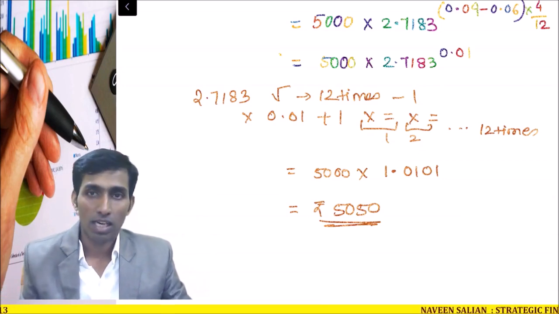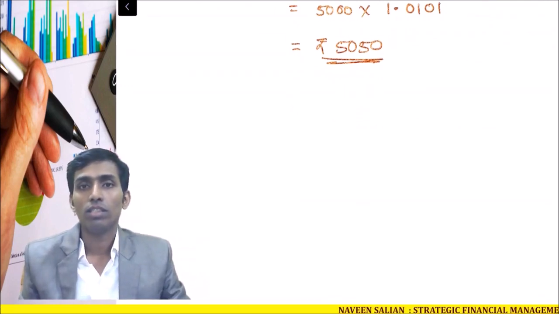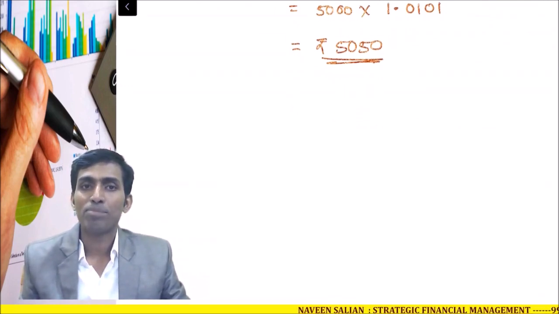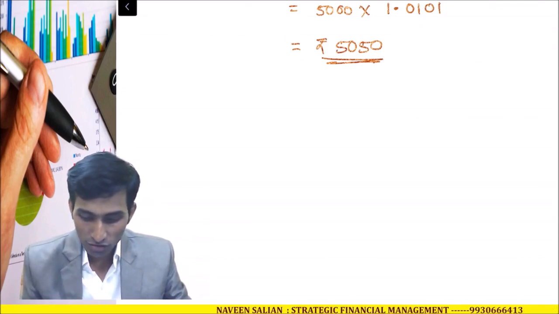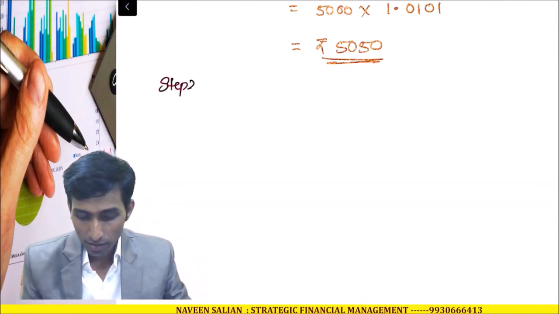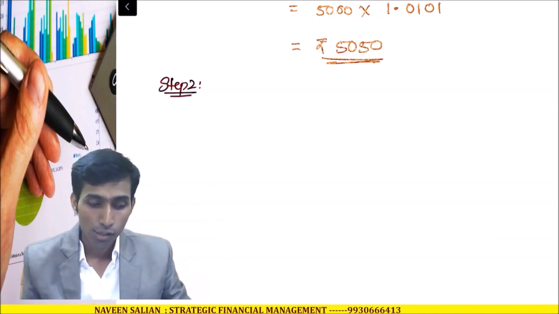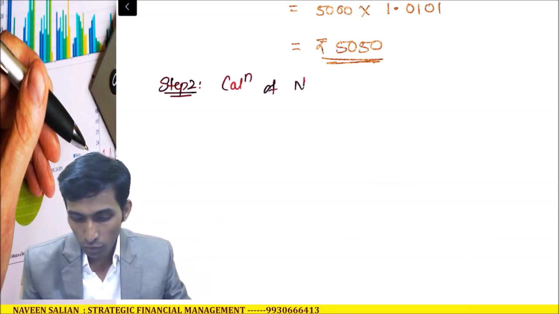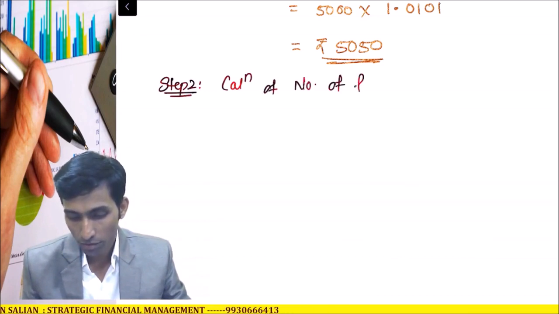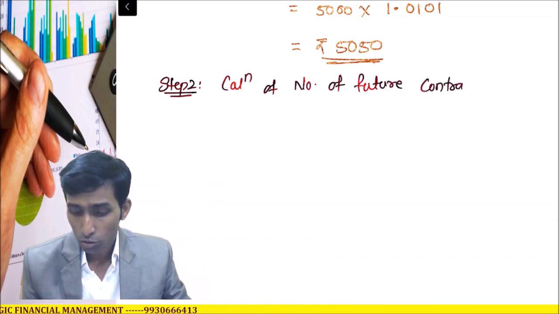Okay, so this is what we have completed, step 1. Now we will move to step 2. You should understand how many contracts in fact you will take. So, calculation of number of future contracts to be sold.